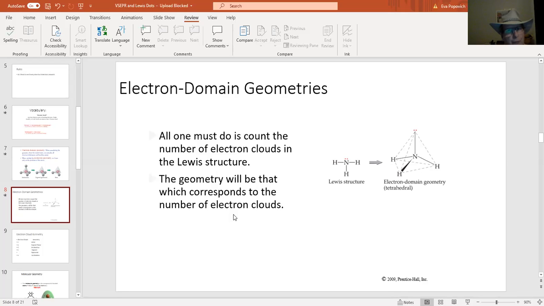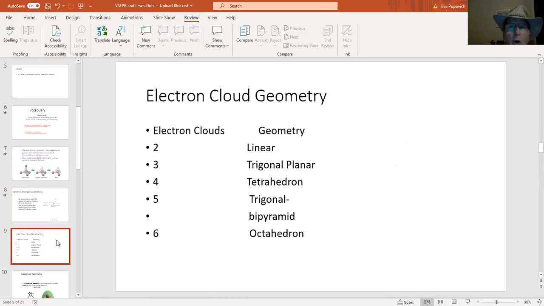It can see atoms, can't see electrons. So the geometry is going to be affected a little bit. The electron geometry dictates the rough shape of the molecule.